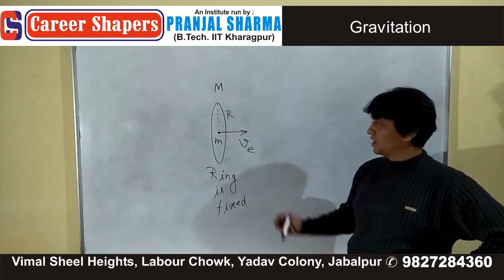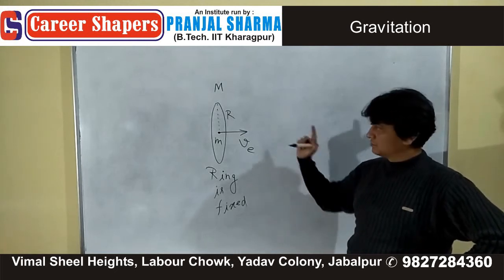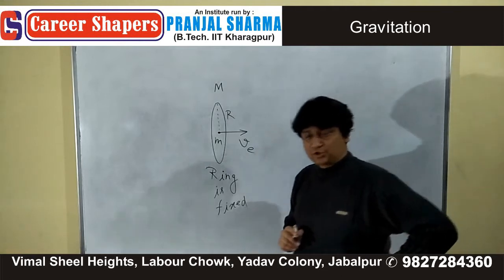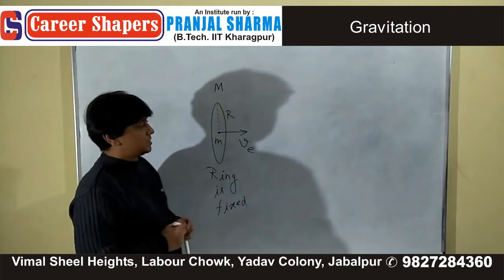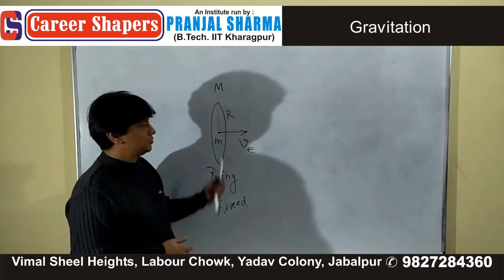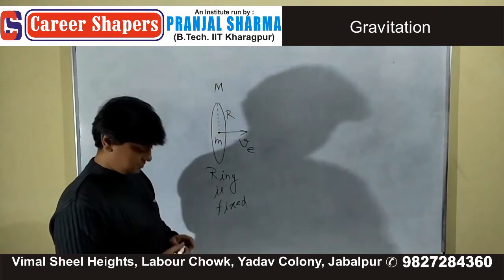The question is find out v, escape velocity, so that it doesn't come back and reach the center of the ring again. Pause the video, try to find an answer, come back and see the solution.